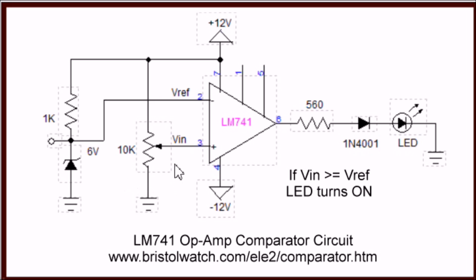As you notice, when I adjusted the potentiometer, when Vn is equal to or greater than V reference, the LED turned on. Notice that this is a bipolar device. It uses plus 12 and minus 12. In deference to that, I had to insert a 1N4001 silicon diode, or you can use a 1N914, anything like that, because this thing doesn't switch from 12 volts to 0.